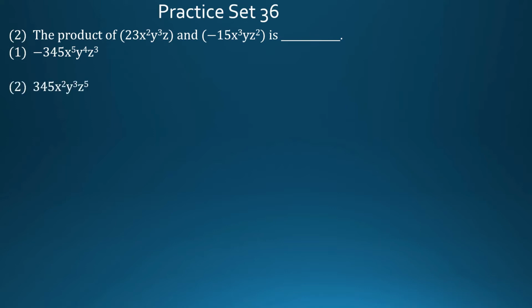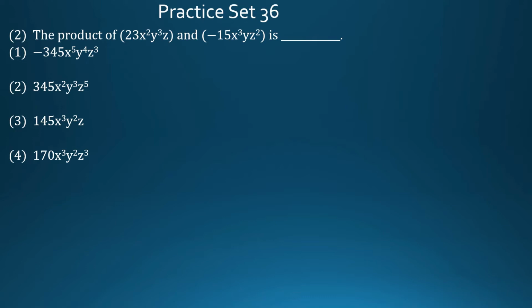Second option is 345 x square y cube z raised to 5. Third option is 145 x cube y square z. Fourth option is 170 x cube y square z.